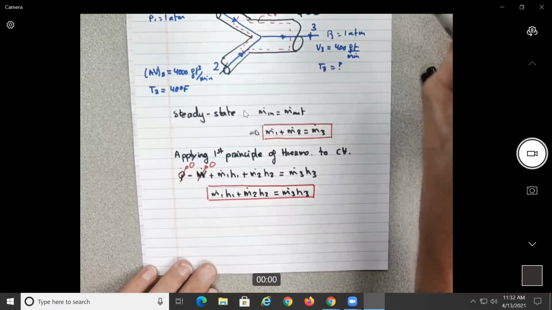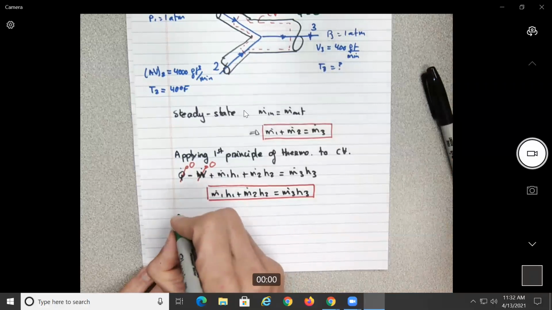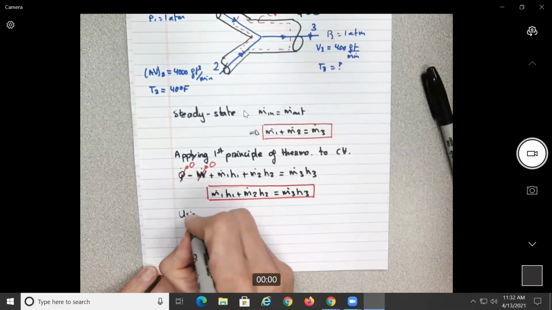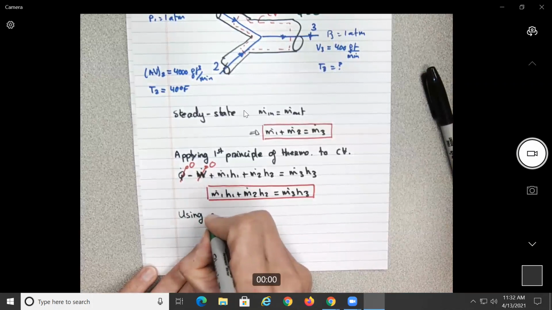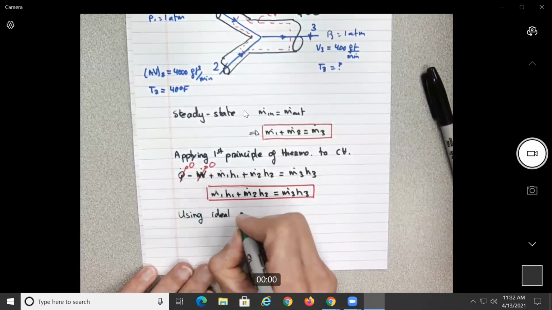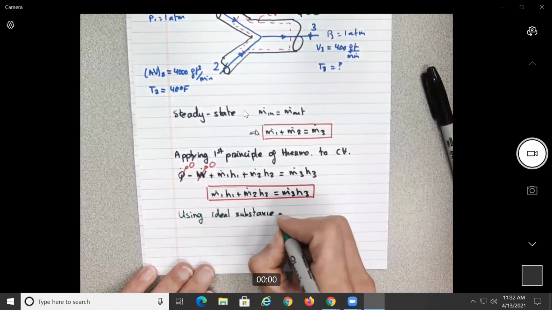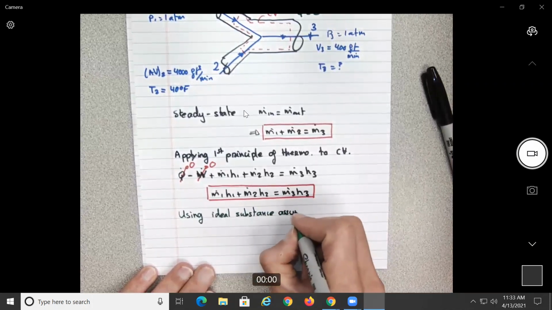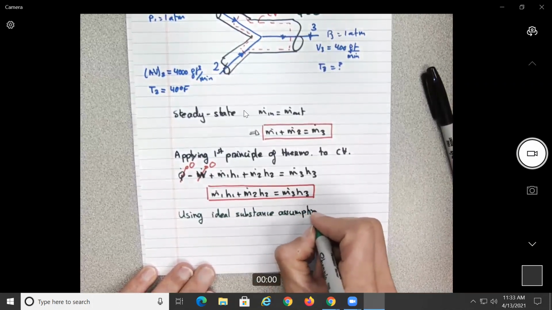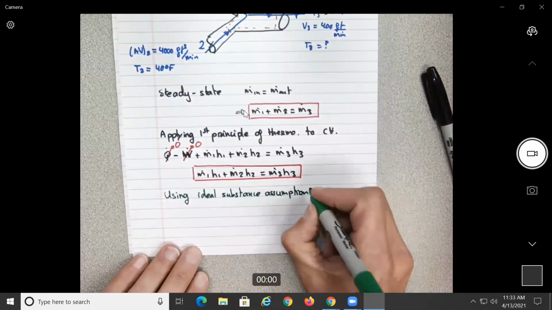Next, they tell us to use the ideal substance assumption, which means what?